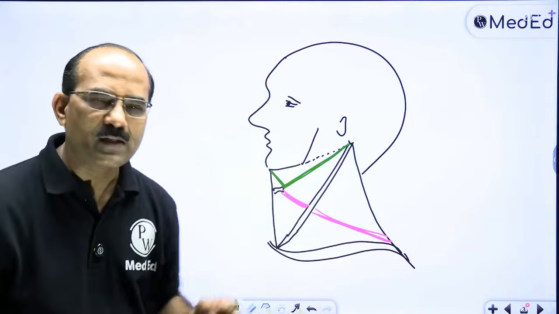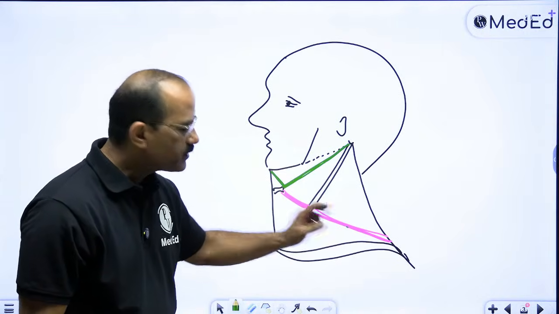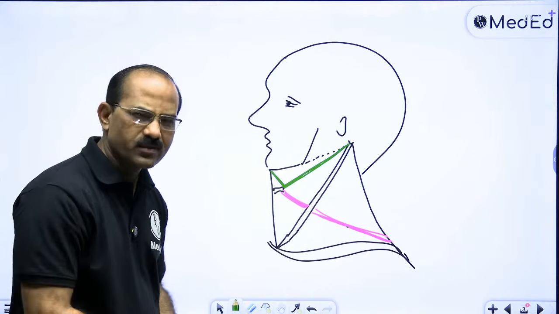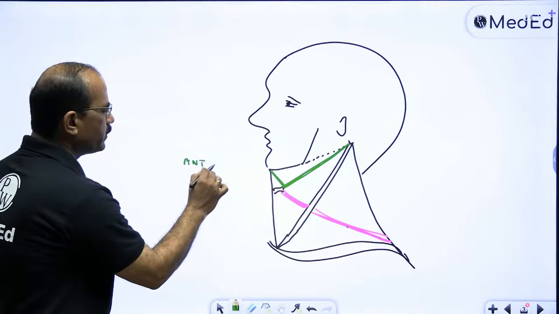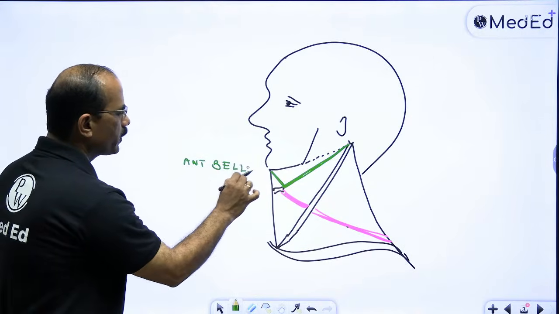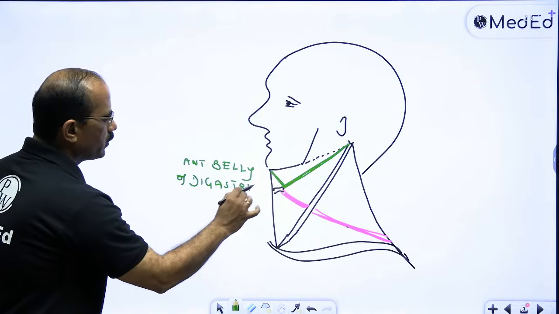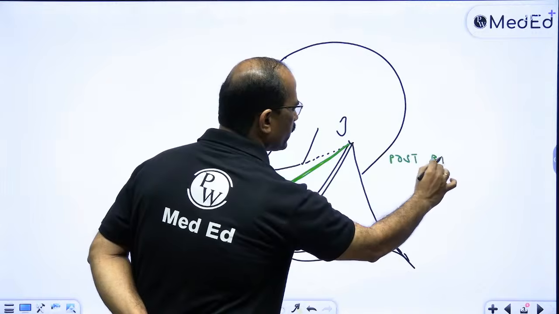एक बार वापस muscles देख लो. This is the superior belly of omohyoid. That's the inferior belly of omohyoid. Anterior belly of digastric. Label करो. I'll label this. That's the anterior belly of digastric. What is this? That's a posterior belly of digastric.